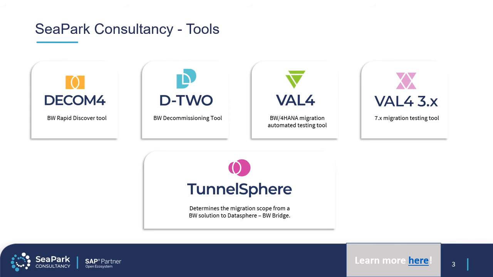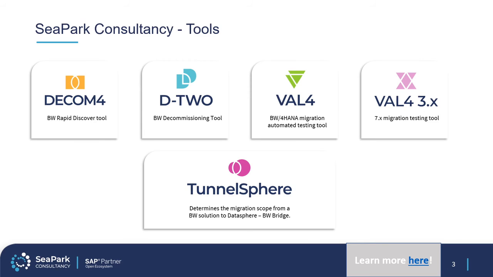CPARC Consultancy has also developed a BW decommissioning discovery tool called D2, as you can see on the slide. This tool helps highlight the SAP BW objects that could be potentially decommissioned from your SAP BW system. Finally, another time-consuming aspect that CPARC Consultancy thought of is related to the BW transformation testing part.